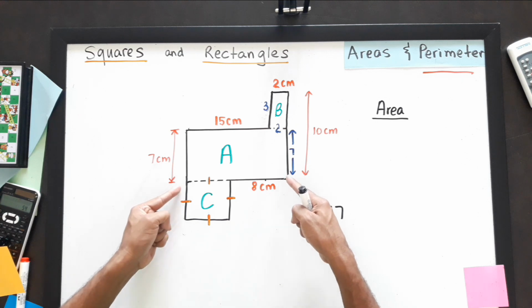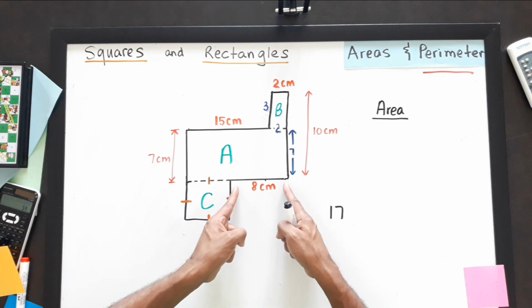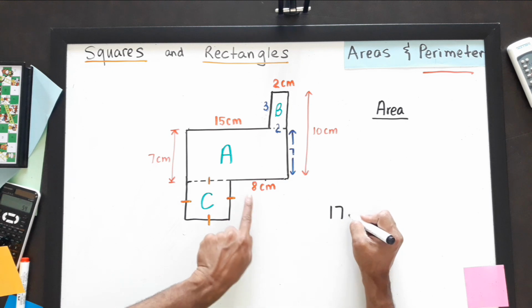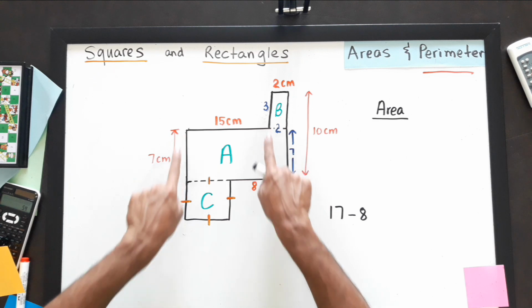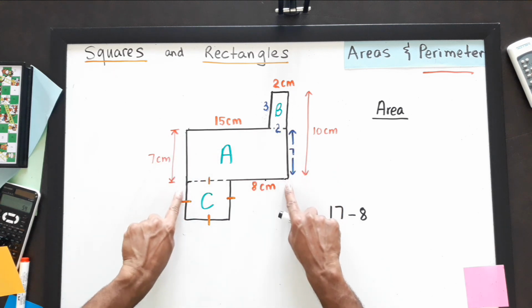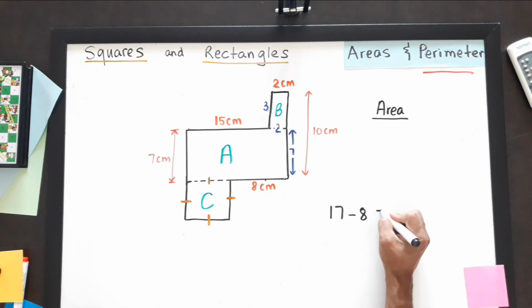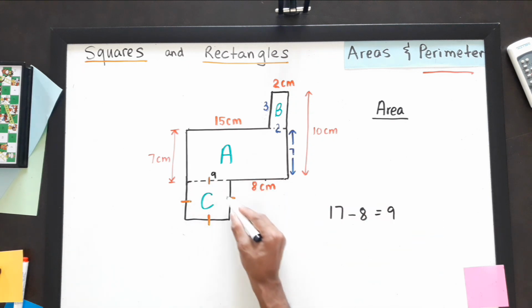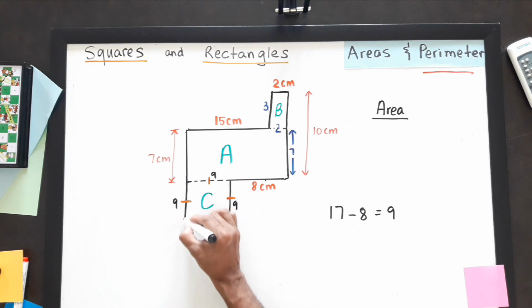So from here to here is also 17. If the whole thing is 17 and here's 8, then this dashed portion here should be 17 minus 8. You understand that, right? The whole thing is 17, not 15. Bring it down and minus 8 from it. So 17 minus 8 will give us 9. So that means over here is 9. And because of the little strokes, here's 9, here's 9, here's 9, and from here to here is 9.